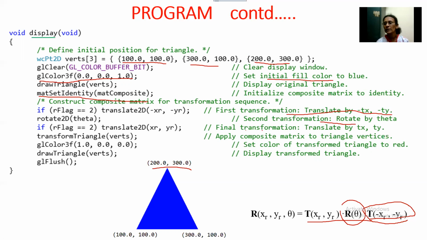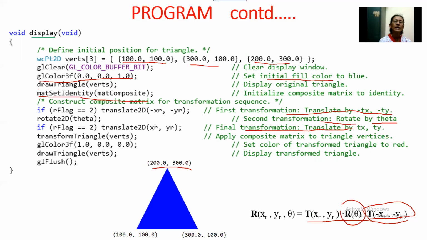And the final transformation is translate by tx, ty. Now, when I rotate about origin, I have to directly do only this rotation by theta. No need of doing the translations. Only when I rotate about the fixed point, I need these translations.